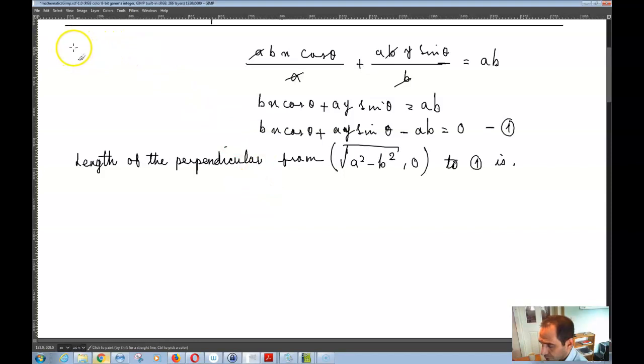So the formula, as you know, is d is equal to the absolute value of ax1 plus by1 plus c over the square root of a squared plus b squared.